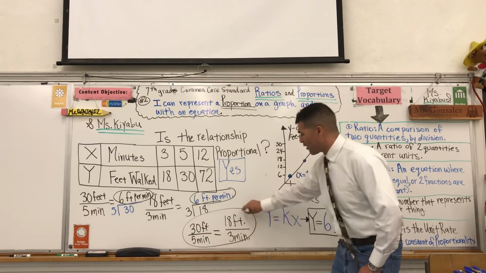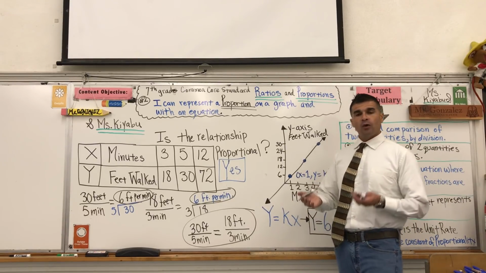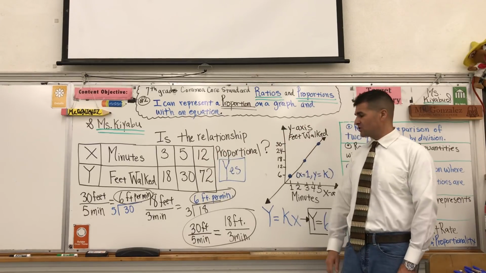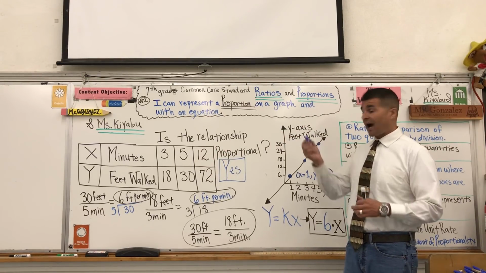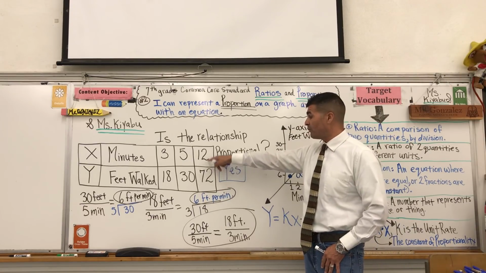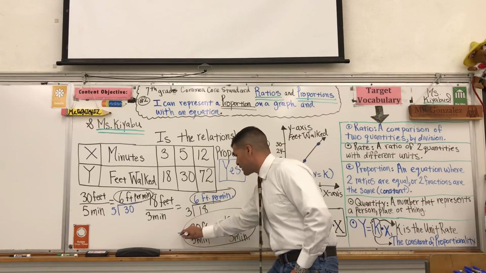Both of these are the same. And when two ratios are the same, we can figure out that yes, this is going to be a proportional relationship. If I wanted to, I could go ahead and show you 72 divided by 12 is also 6 feet per minute.